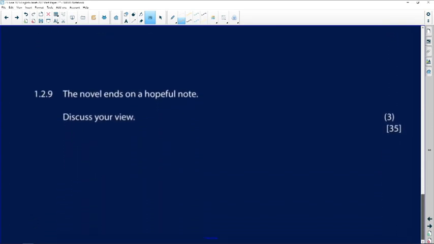This is a discuss question. Once again, you're going to use the PEE or the PEA. You're going to use your P. The novel ends on a hopeful note. You can say something about the novel does end hopefully because there's hope for the future, something like that. Then your evidence, what is the hope for the future?